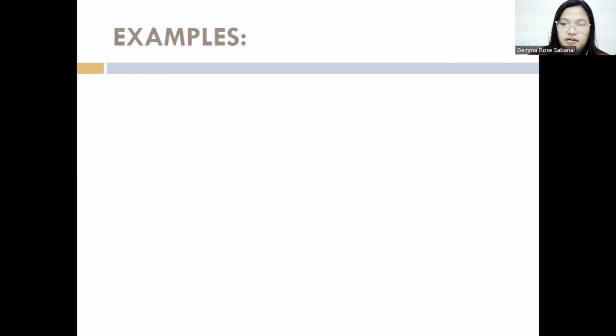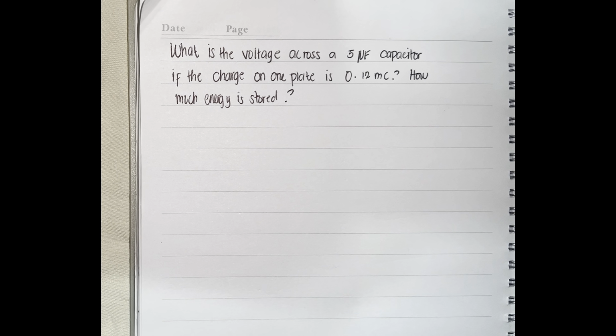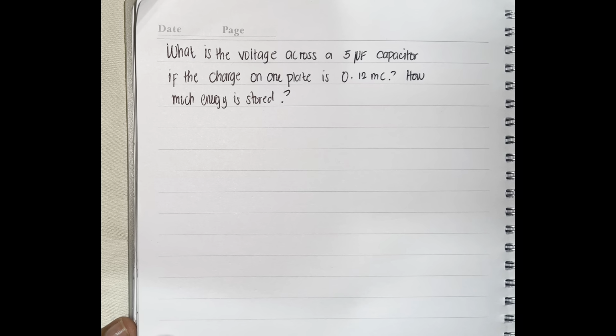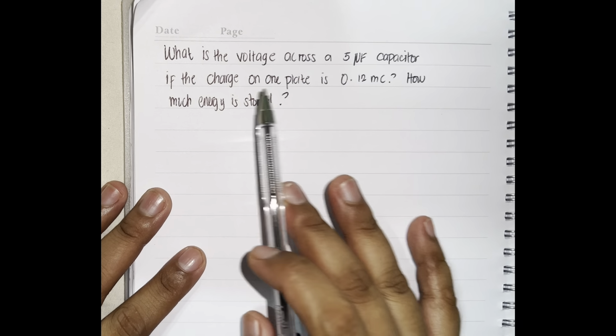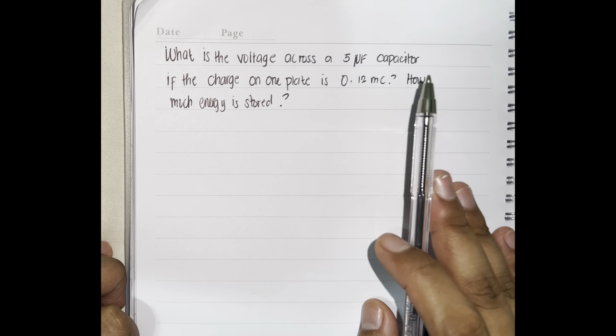Next, we're going to practice solving problems on the capacitor. So this is one of the examples of the capacitor: what is the voltage across a 5 microfarad capacitor if the charge on one plate is 0.12 microcoulomb?